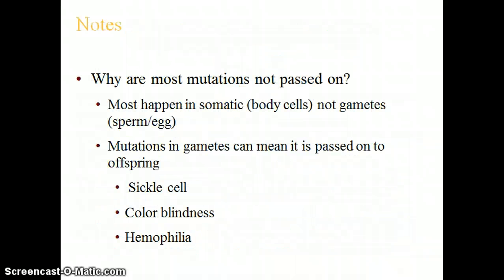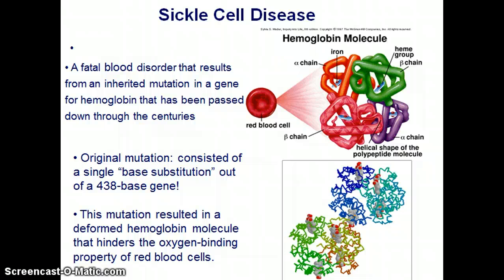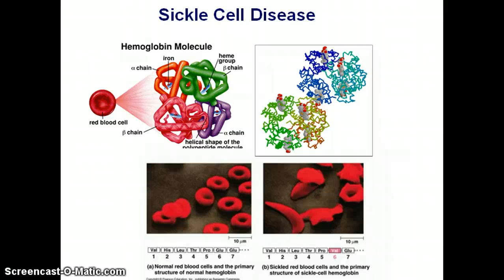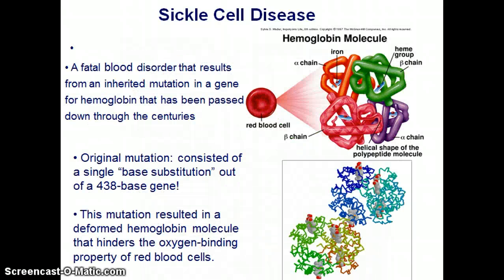So there's some notes. One of the ones we're going to look at quickly is sickle cell disease. So sickle cell disease is a fatal blood disorder that results from an inherited mutation in a gene for hemoglobin that has been passed down through the centuries.